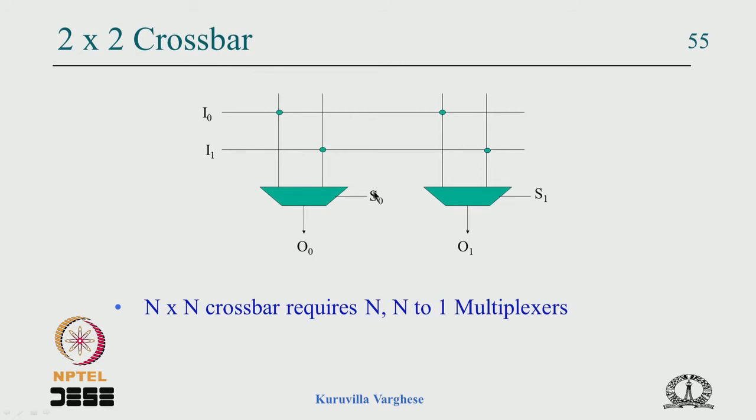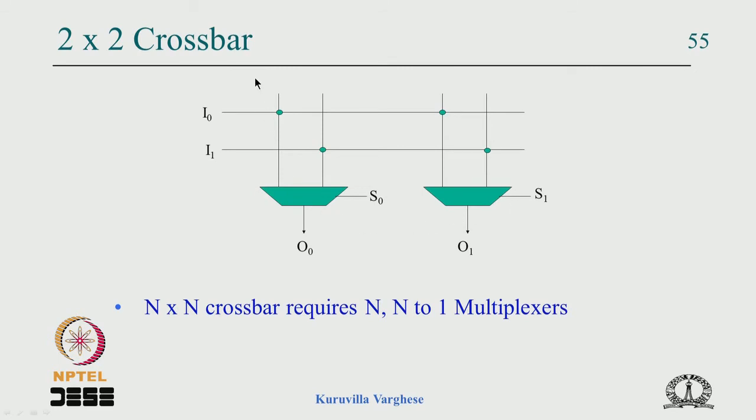Now by selecting S0, any of the inputs can be taken to the output for both, and if you want I0 to be connected to both, it's possible, there is no clash. It's not that you can connect only one input to one output, it can go to multiple outputs.